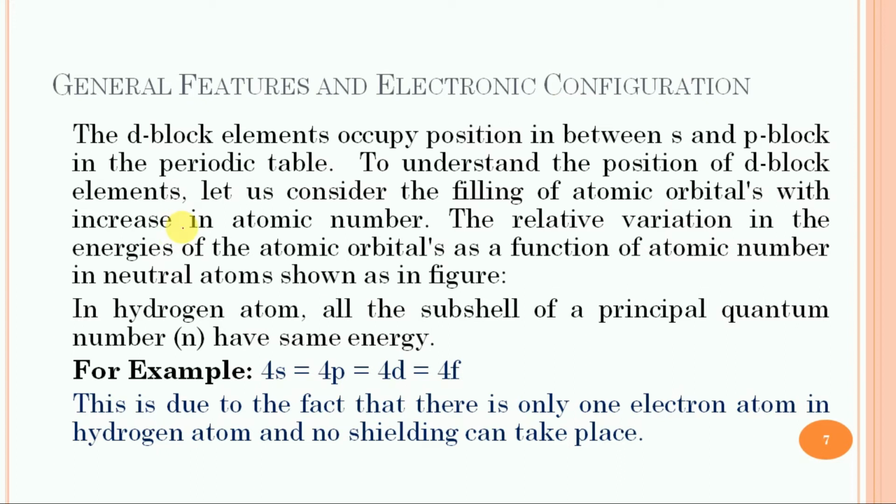Next is the general features and electronic configurations. The d block elements occupy a position in between s and p block in the periodic table.